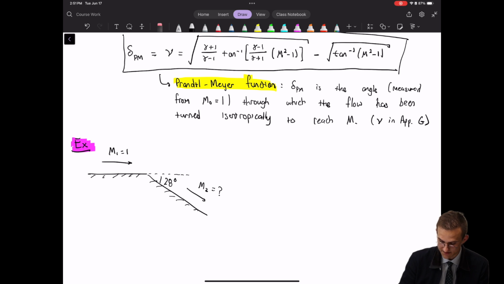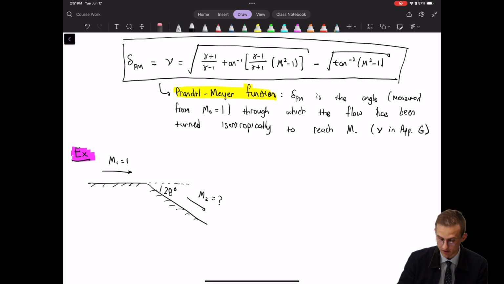We have this function here, tabulated for values of M, so you would go to the table, look up nu equal to 28 degrees, since you know that M1 was 1, and that would tell you that M2 must be equal to 2.06 via the table.